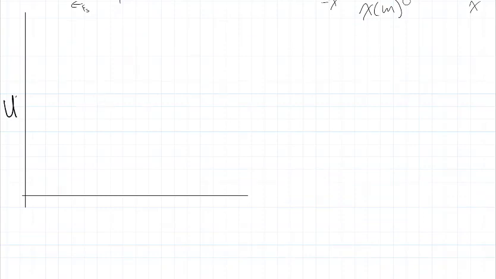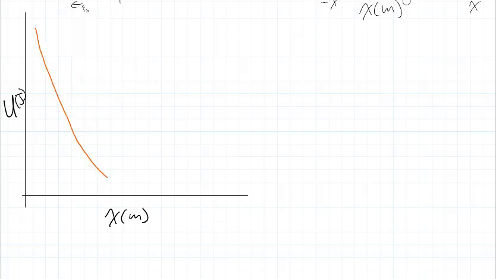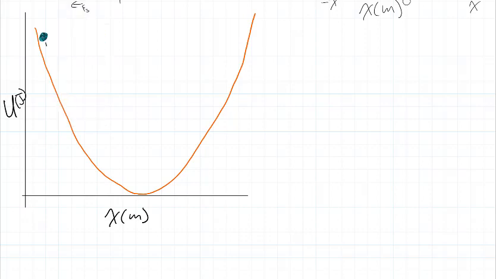So thinking about our potential energy measured in joules versus something like an x distance, and that general plot of potential energy that looks like our parabola here, we can pull apart a couple of different areas on this graph. And so again, I like to think of this most easily as a ball rolling down this ramp. So here's our little ball, and it can roll down the ramp.